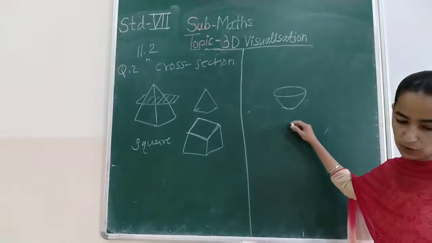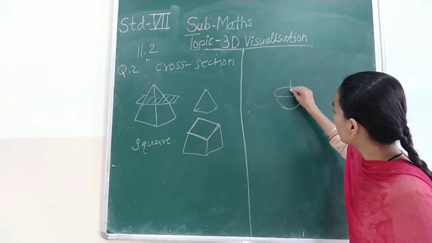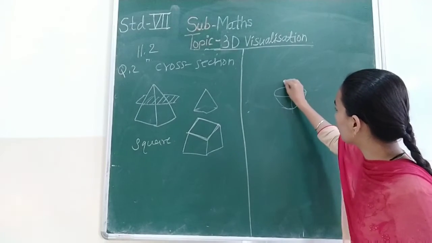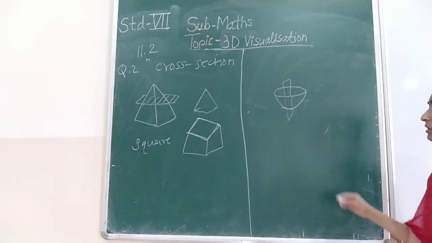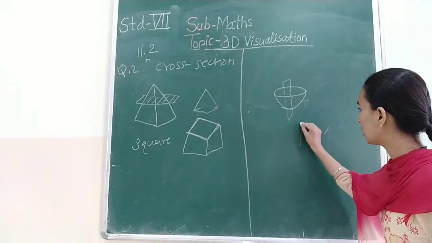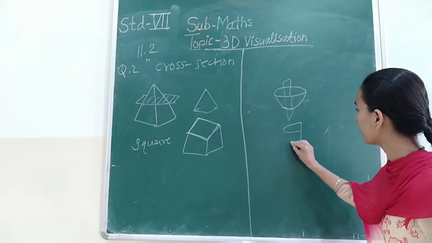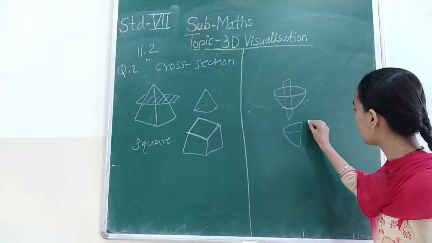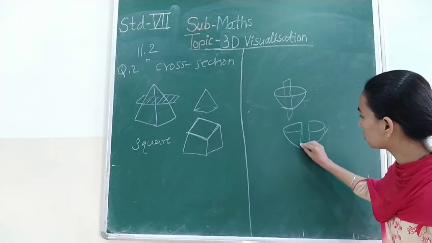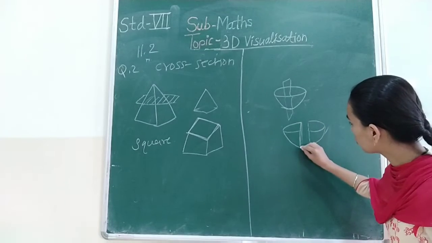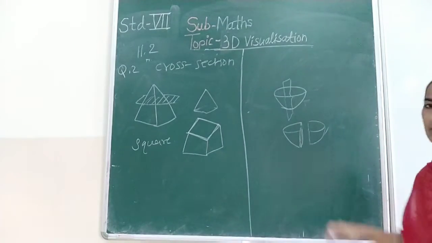It looks like that. If we cut it vertically, what will happen? This gives one part like this, and the second part looks like this. Now which shape does it show?